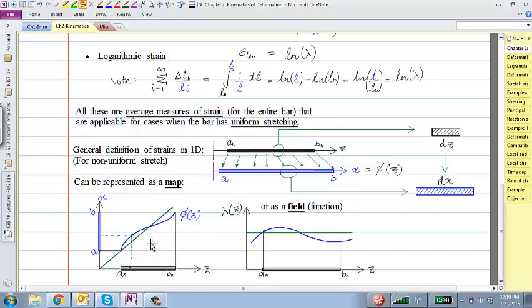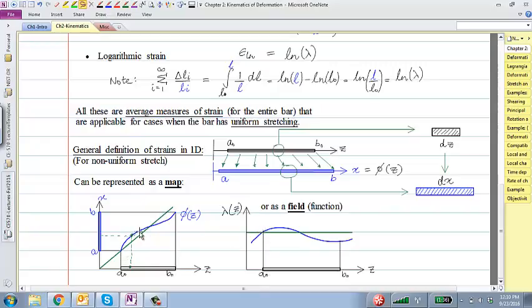If I were to try to calculate the final length dx over the original length dz, and plot it over the entire length of the bar, just taking it point by point, where does each point go? If I were to plot that, that would be nothing but the stretch. So stretch at point A0 is plotted up here.